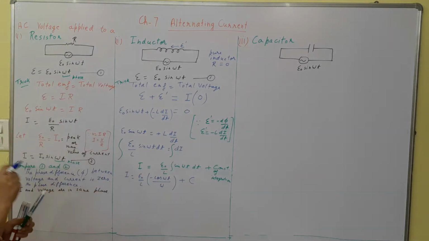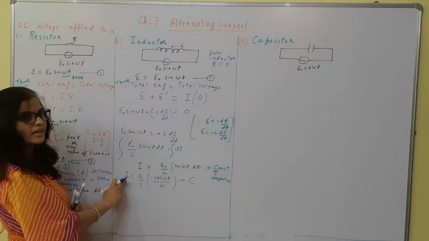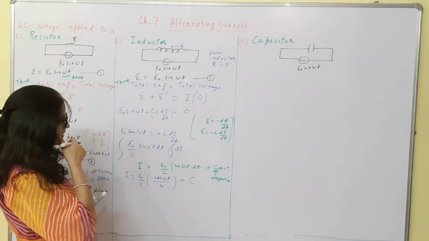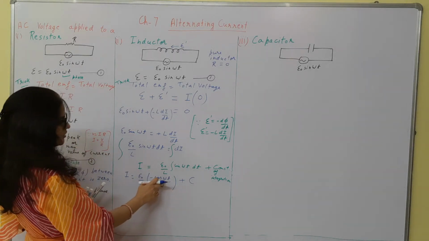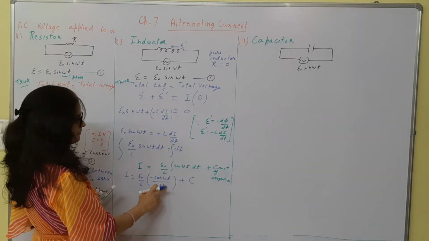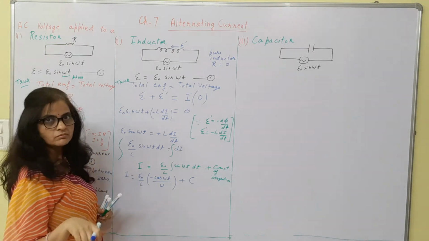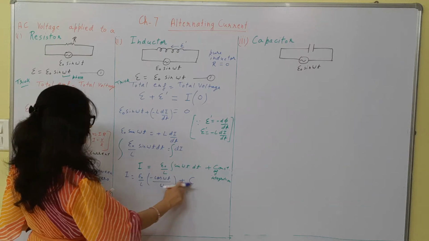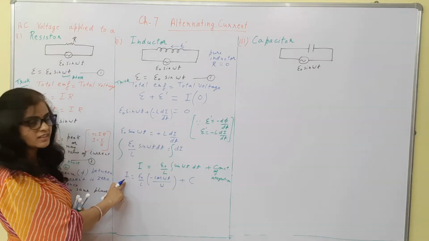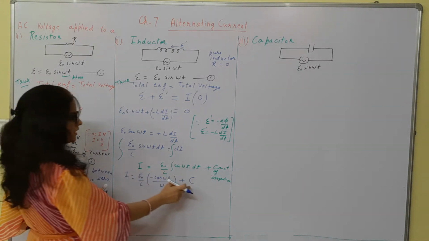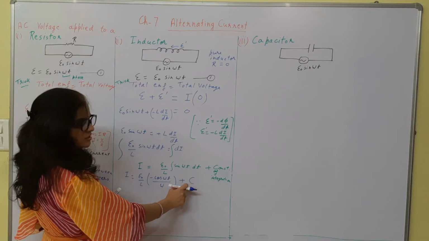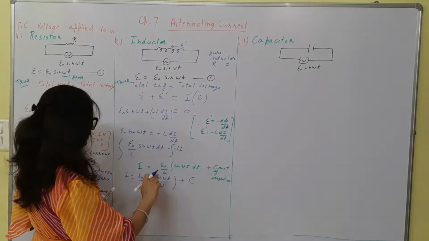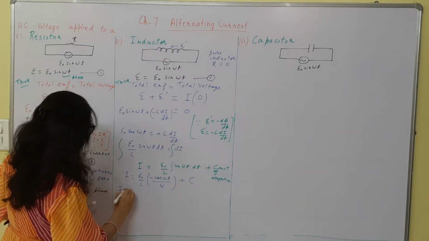Now this I is a time dependent quantity which varies about 0 value. This is also a time dependent quantity which varies about 0 value, and this is a constant of integration which must have dimensions of current. So this constant must have a value 0, that's why we are writing this 0. So we can write the reason here.